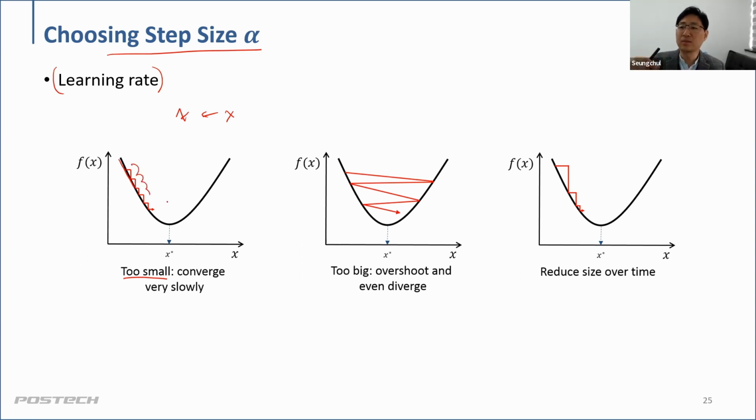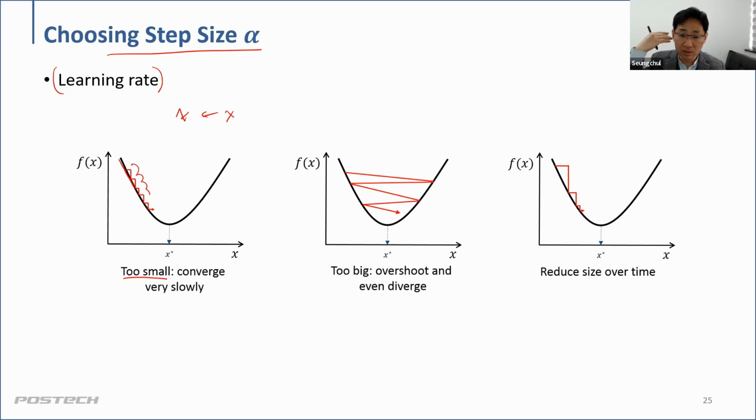So it's going to take some time. That means we have to do a lot of iterations. I want you to see the effect of the value of step size alpha in the iterative process.